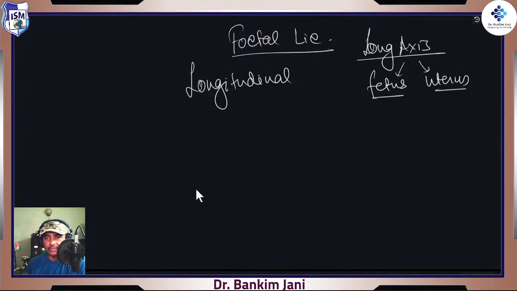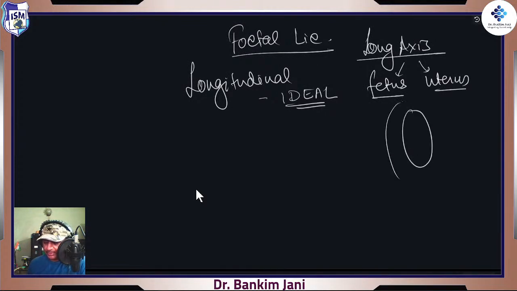Long axis of fetus and long axis of mother. So that is what lie is. If it is longitudinal, it is ideal. Very good, right? It is ideal. Where the baby is like that and the uterus is also like that, that is all good.